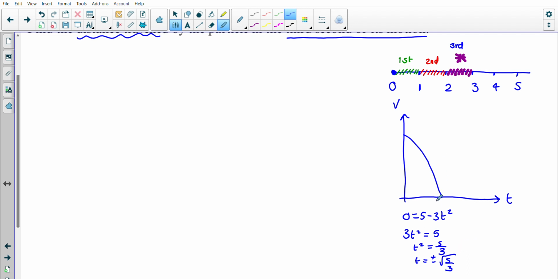This will be root 15 over 3, sorry, not root 15 over 3. It can be root 15 over 3 if you rationalise the whole of root 5 over 3. That's how the calculator writes it if you solve it. But if I just write root 5 over 3 there, that's roughly 1.29.